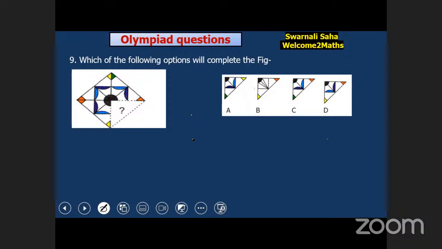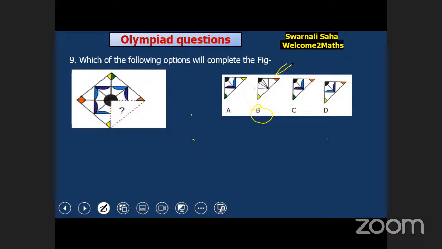What do you think? Here is orange and here is yellow. Obviously, option B would be the right one. Here is yellow and here is orange. Okay, B is the answer.